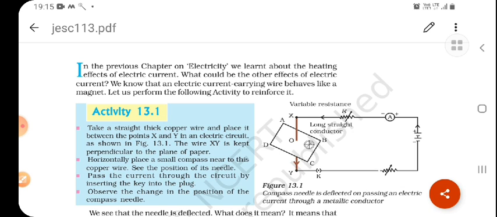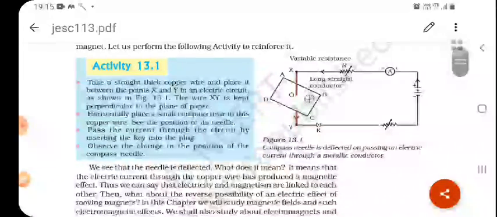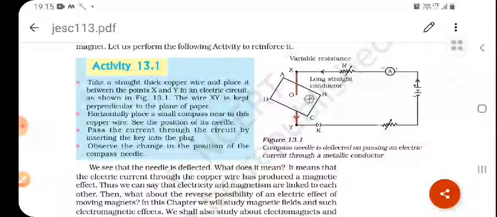So the compass needle is deflected on passing an electric current. What does it show? It shows that the electric current produces deflection in the compass needle, and this gives us that this magnetic effect comes from the electric current.